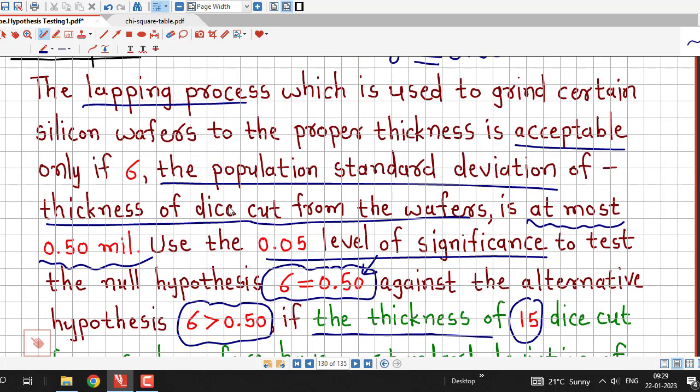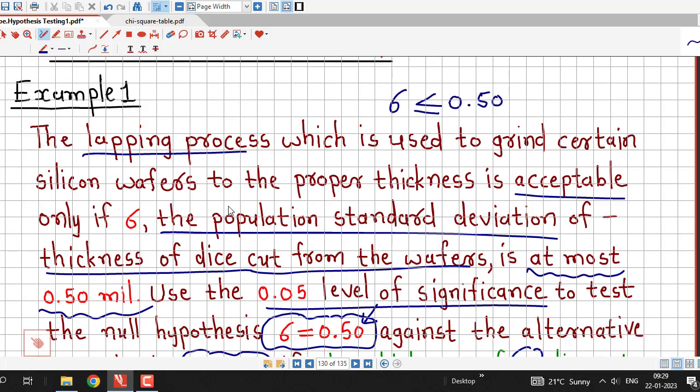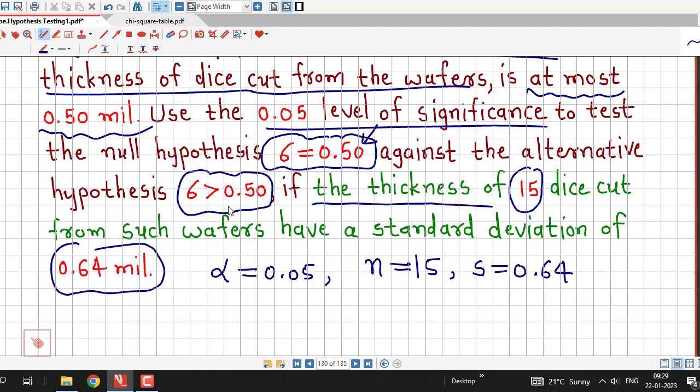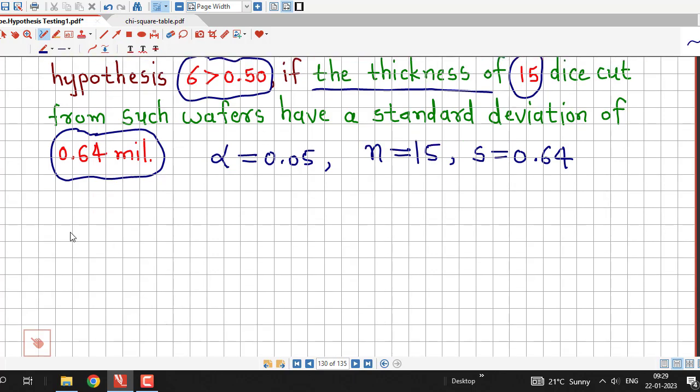Now to use chi-square test, we must have a normal population, or the population from which we are considering a sample must follow a normal distribution, but they have not specified anything about the population. To use chi-square test, the first thing we have to assume is that the underlying population is normal.